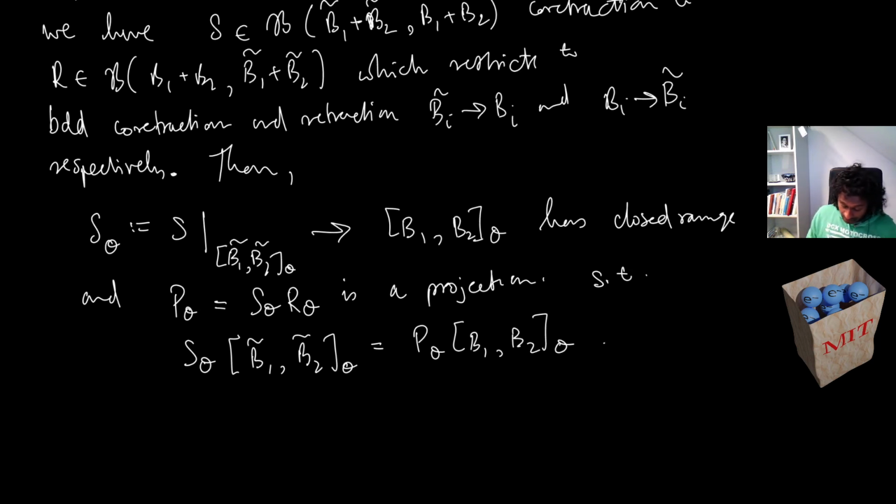Okay, so what's this saying? It's saying that inside this interpolated Banach space (B1, B2)_θ, the range of S_θ, which is a closed subspace, is complemented. Okay, so we can split up the space.